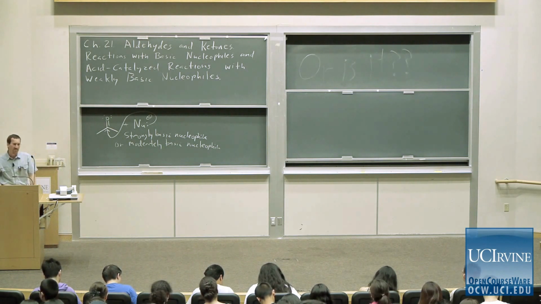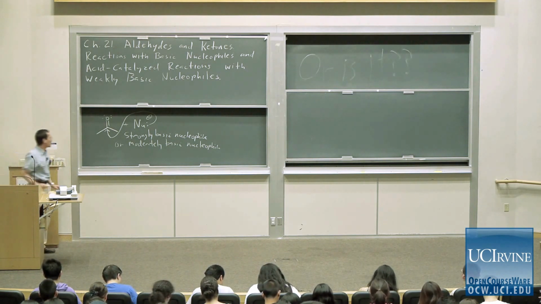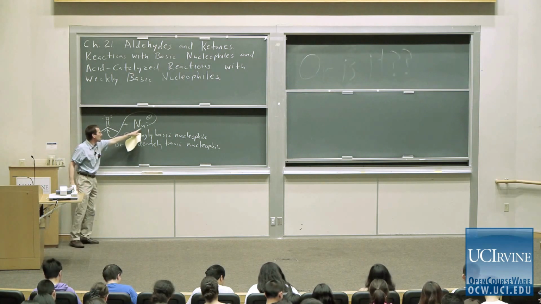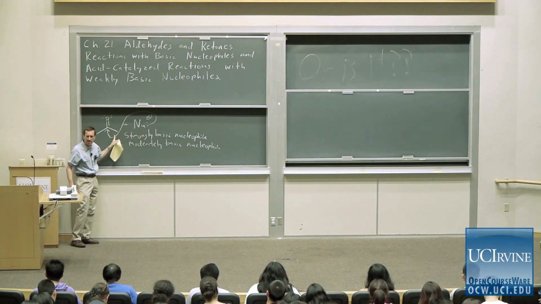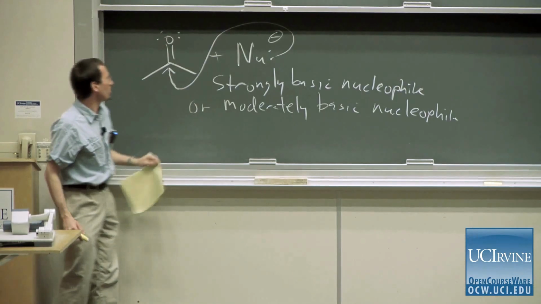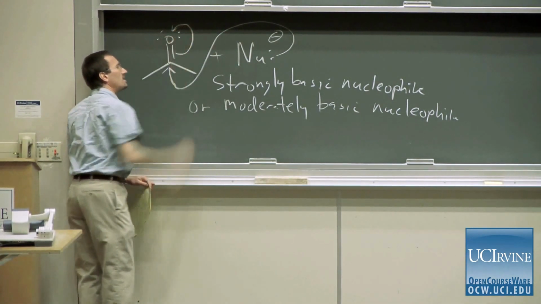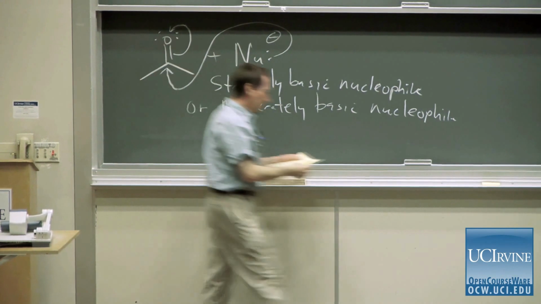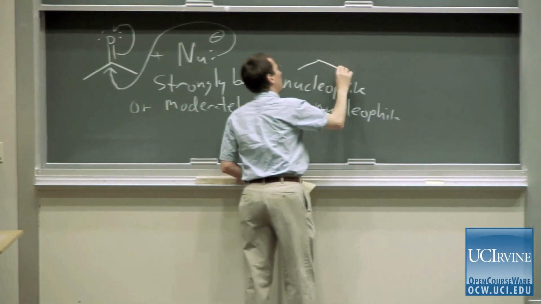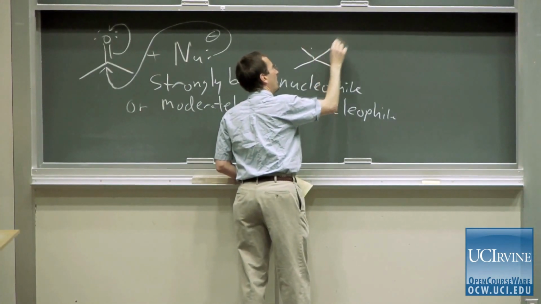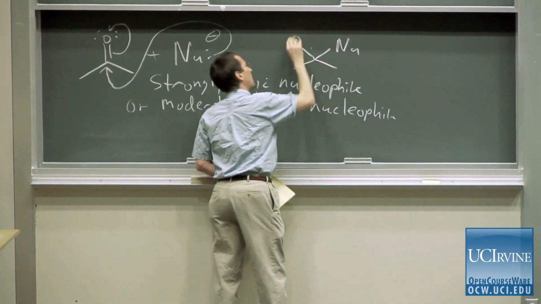You can't have 5 pairs of electrons around a carbon, so concurrently, as the nucleophile is approaching the carbon, electrons are flowing up onto oxygen. And the overall result now is that we have an alkoxide anion.